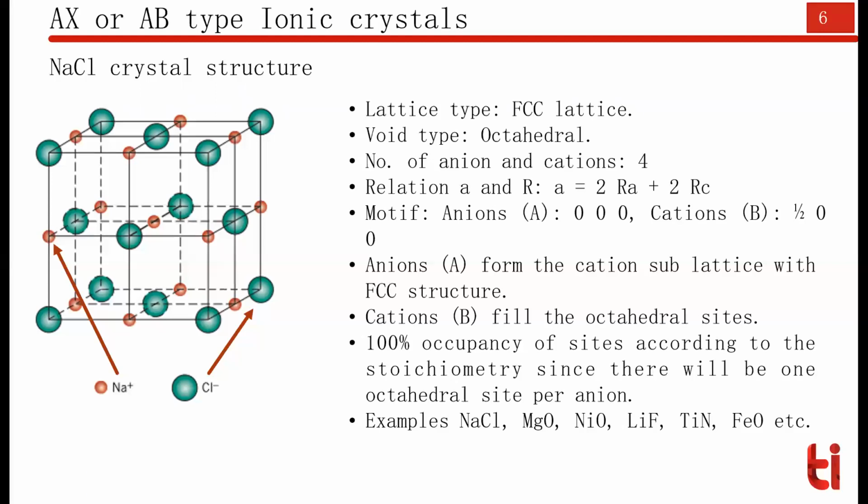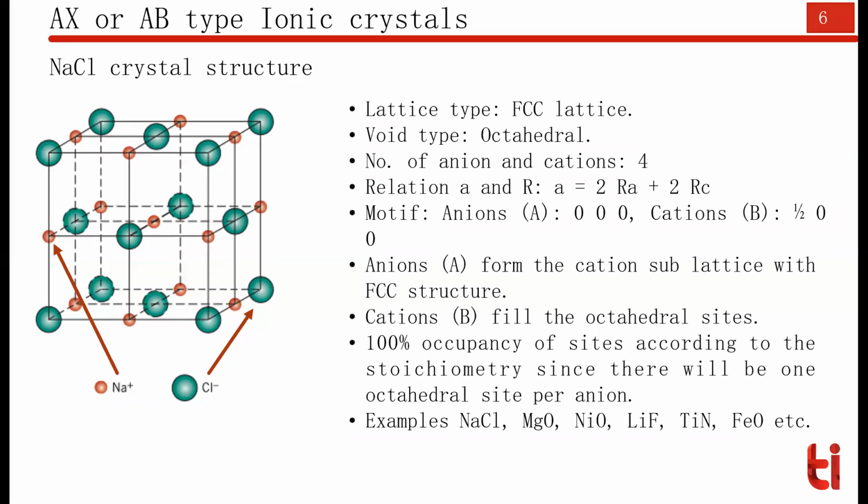Is it clear? So, sir, how can you define the motif of anions as 0, 0, 0 only? We define the origin at every one of those particular sites. You are right. The conventional way by which we define the position coordinates for the unit cell is that at one of the corners we define the origin, so your coordinate will be 0, 0, 0.